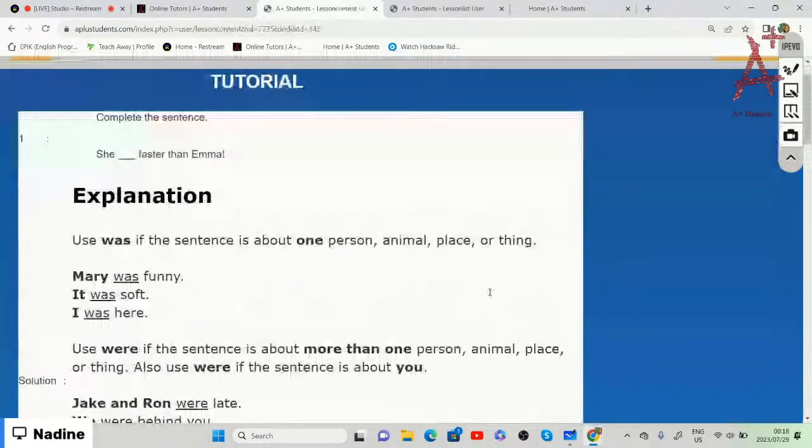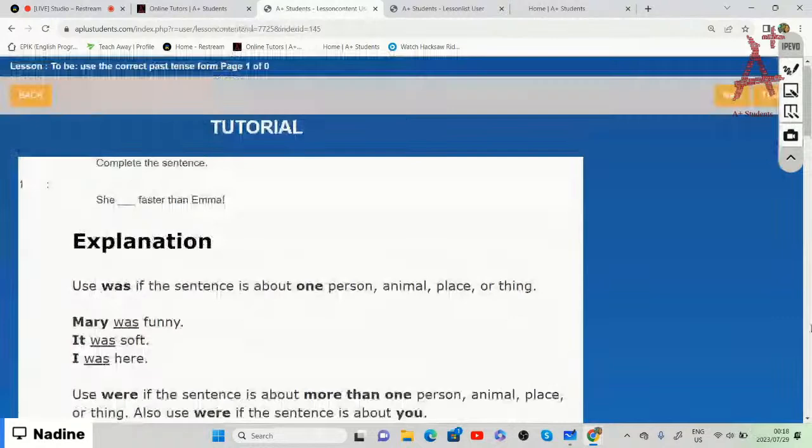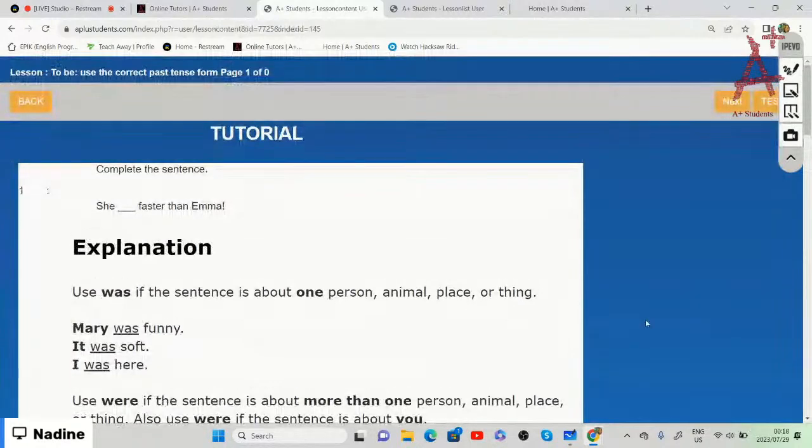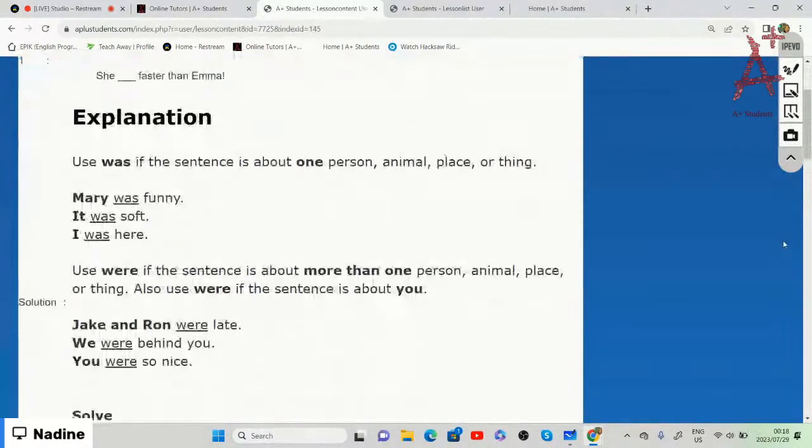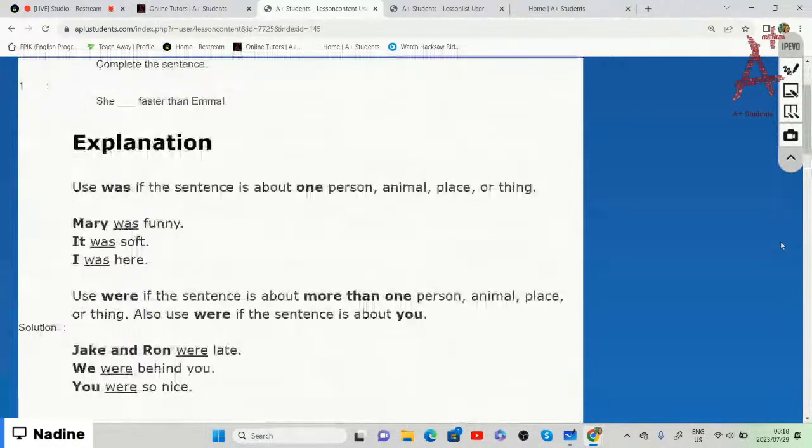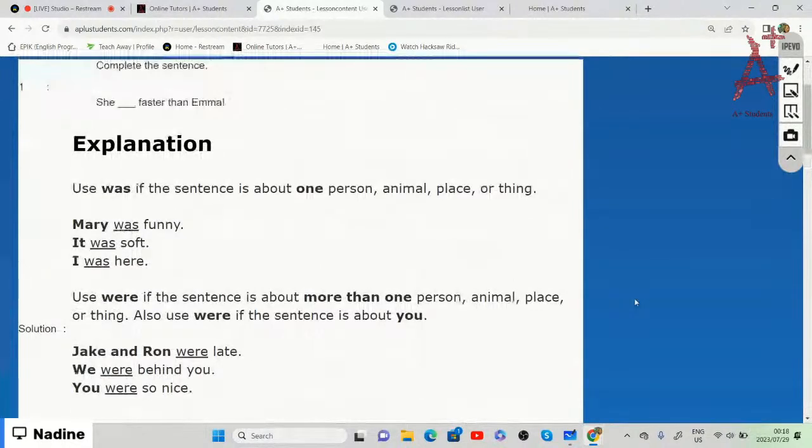Within the present tense forms, we use words like is, are, and am, right? So now we are doing the past tense form, and when we use the correct past tense forms, we're going to use words like was or were. So the same as with is and are.